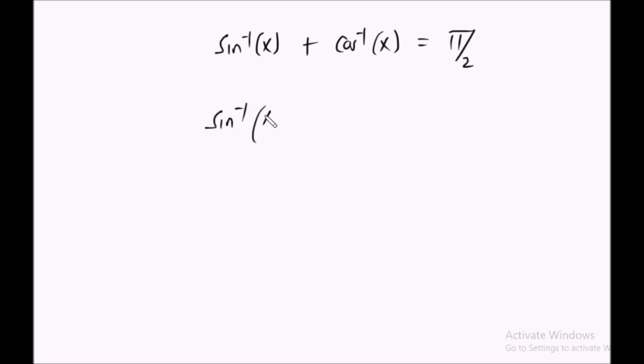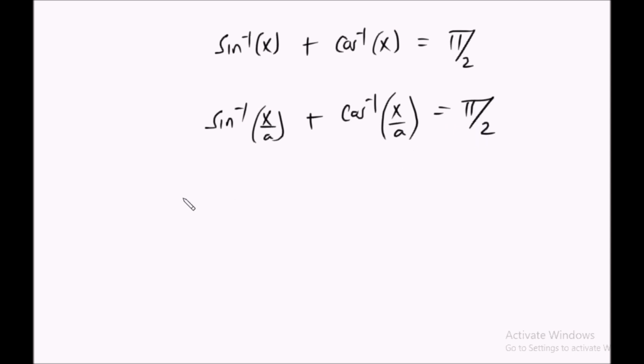Si unajua kwamba sin of inverse of x plus cos of inverse of x ni sawa na 90 degrees, so in terms of radian ni pi over 2. Okay? Manake ni kwamba hata huyu hapa sin of inverse of x over a plus huyu hapa cos of inverse of x over a ni sawa na nani?